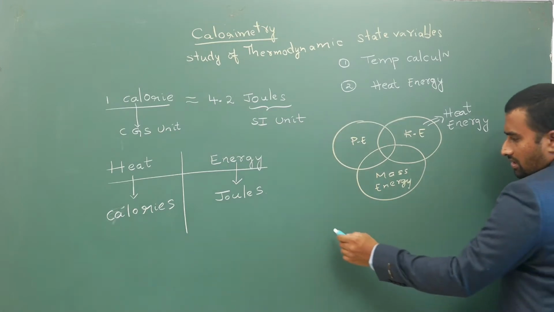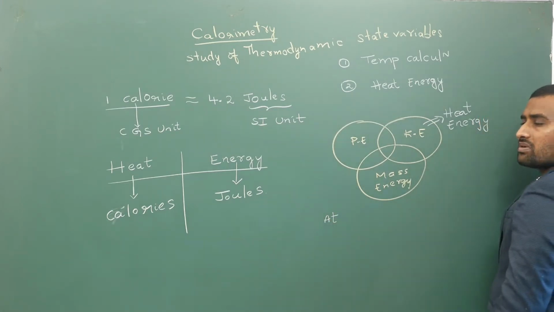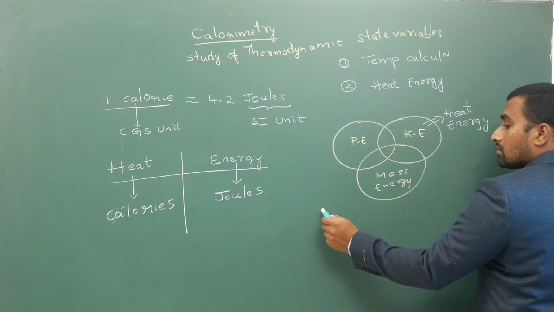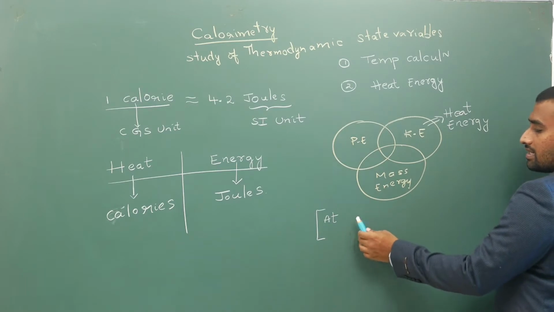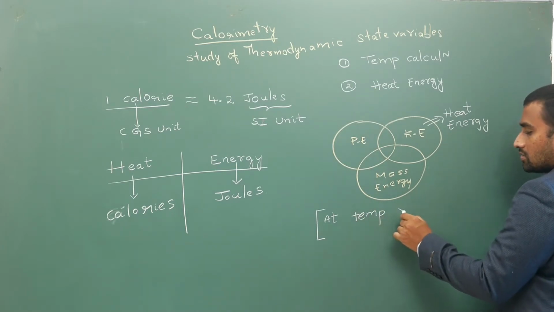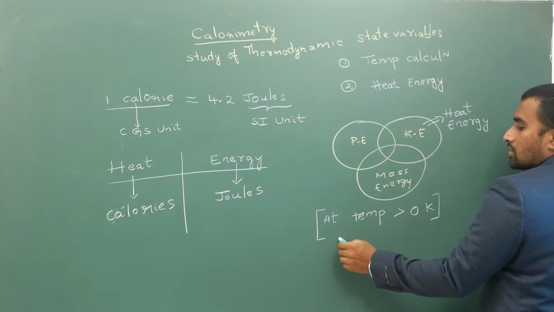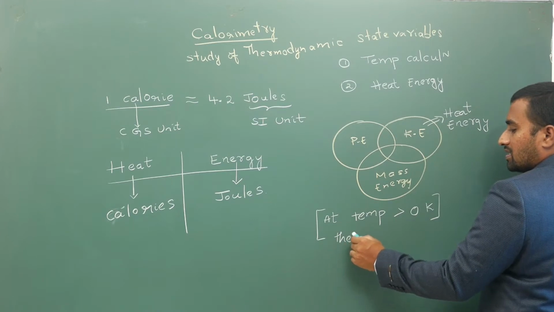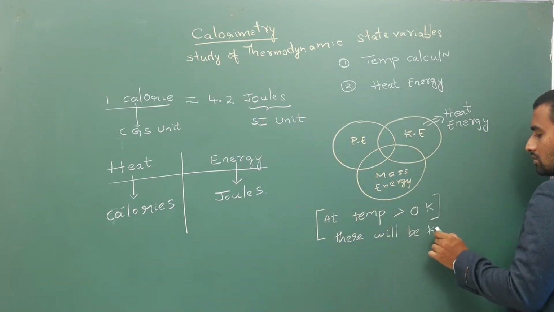If you have studied thermal expansion, in the introduction what is meant by heat and all, if you look into that video you will get the clarity. Now at temperature greater than 0 Kelvin, that is the absolute scale, there will be vibrational kinetic energy, kinetic energy of the molecules.